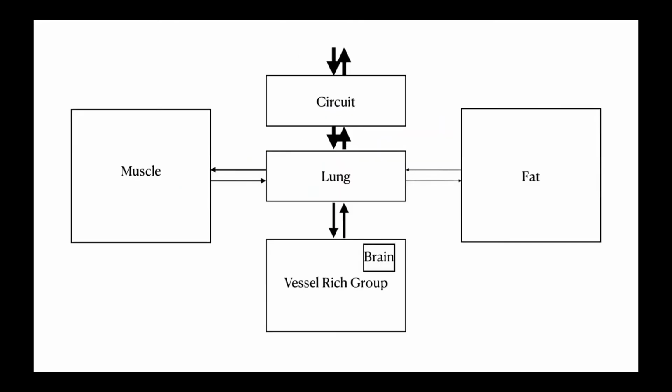But essentially, this is what it should represent, and this is what's represented in those three texts: the circuit heading off to the lung, where it gets distributed into muscle and fat. Ultimately that is going to affect the concentration in the lung, which is what the vessel-rich group is going to equilibrate with, which is where your brain is.